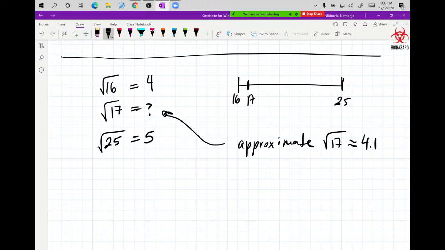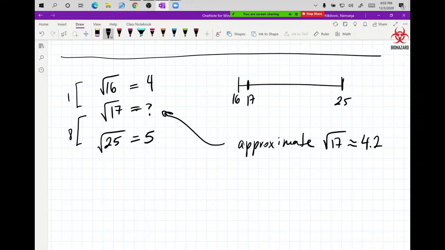Now, why 4.1? Because 16 and 17 are very close, and 17 and 25 are far away. They're 8 units apart, and over here you have 1 unit apart. I could have even gone with 4.2. Maybe 4.2 would actually be a better answer. It doesn't really matter.